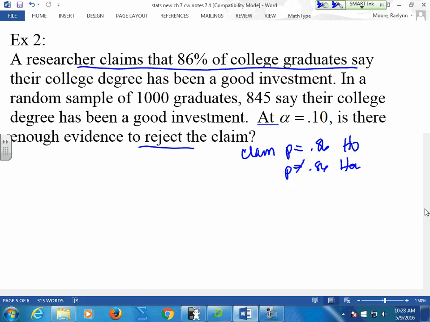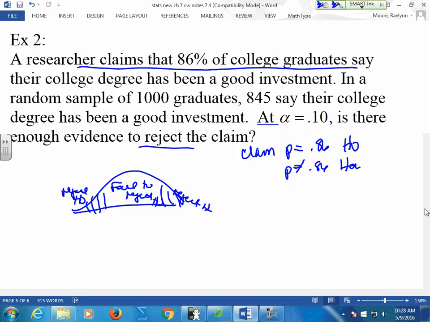Now be careful. Let's label your graph first. Two-tailed test. You got two areas to share this with. The z-scores are going to be exactly the same for my critical value.